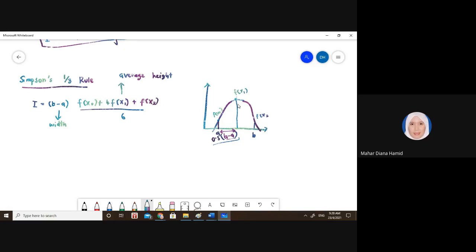For example, if we have 2 segments, therefore what happens is that we are going to have this first segment here, and this corresponds to the second segment.